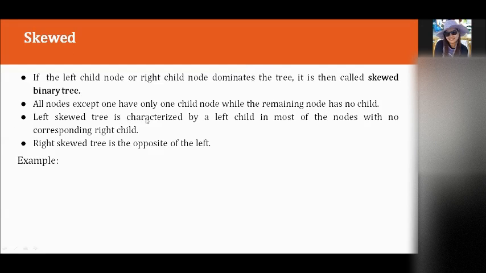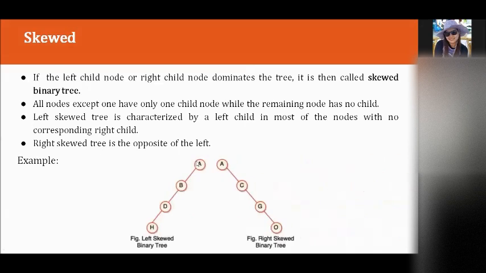Left skewed tree is characterized by a left child in most of the nodes with no corresponding right child. So right skewed tree is the opposite of the left. So this one. Okay, so A, B, C, D, this is the left skewed binary tree, and then the right skewed binary tree. So this is the opposite of the two.